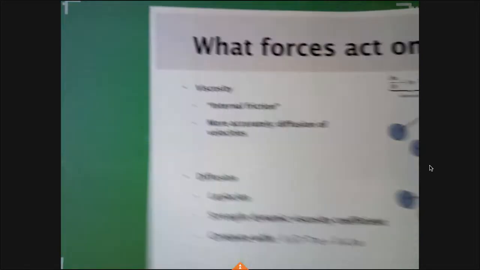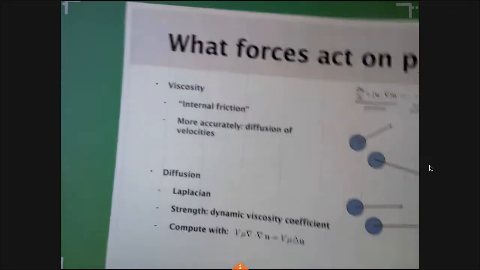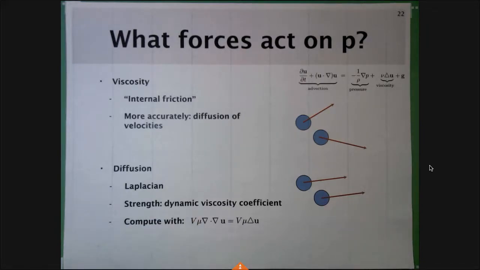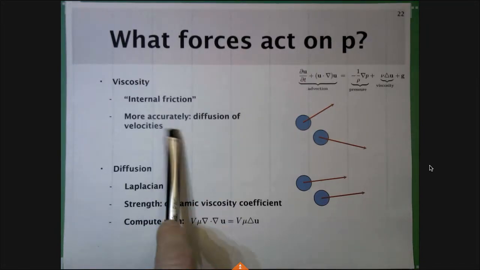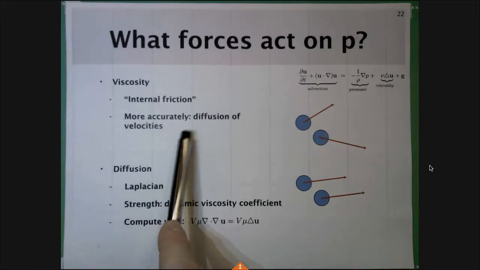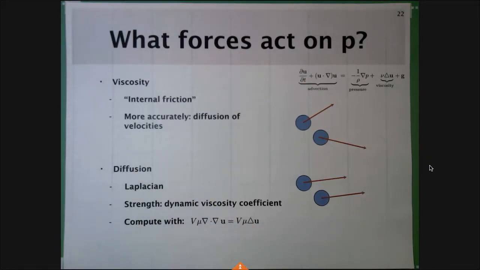The other type of force is viscosity, and that's similar to what we had as damping in mass-spring systems in elastic solids. Viscosity essentially means diffusion of velocities: if a blob of fluid is moving too fast relative to its surrounding blobs of fluid, then the others will slow it down, like internal friction.